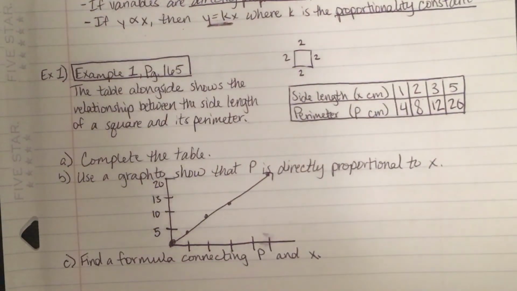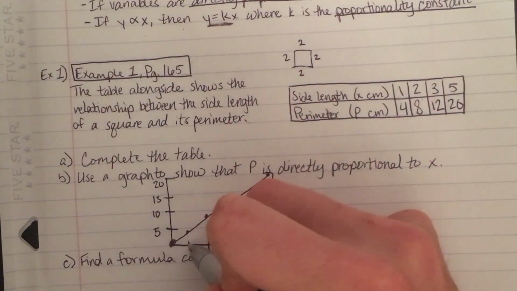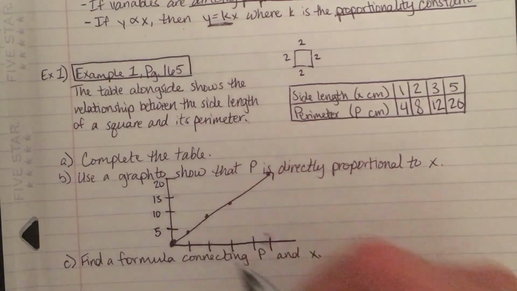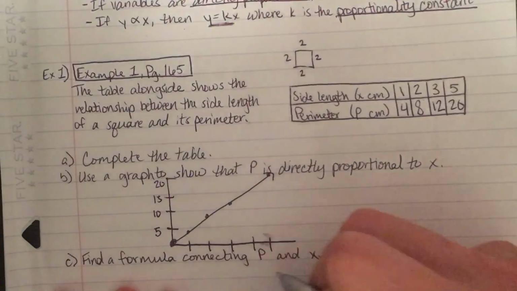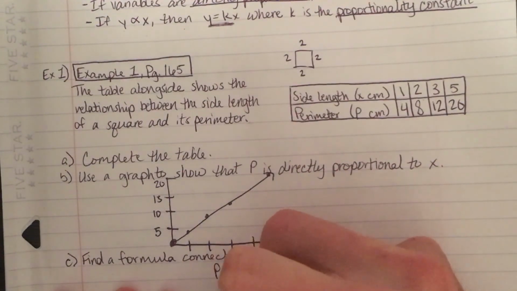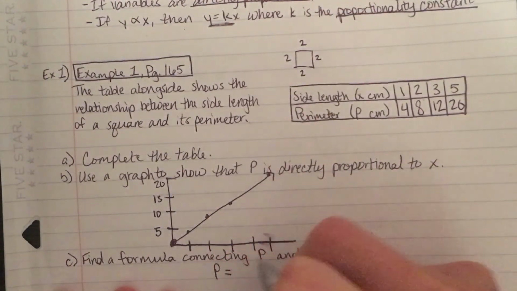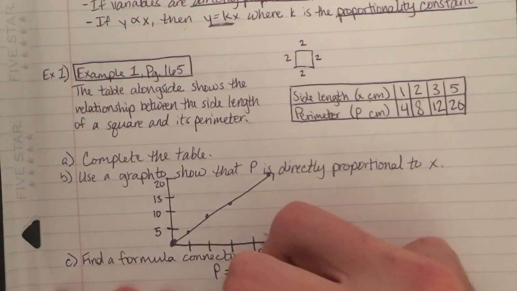And if you notice here, the slope of this line is to go over 1, up 4, so it has a slope of 4. That right there is our constant of proportionality. So if we wanted to find a formula that connects P and X, the way that you find the perimeter here, we'd say P equals, you're going to multiply the side length, X, by 4.